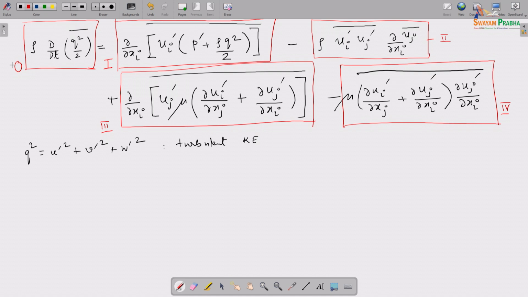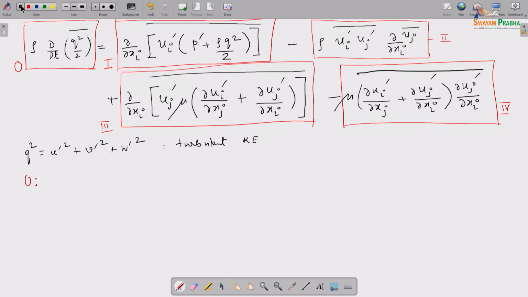Now these terms mean something, and that is important. So let me write down what these mean. If you look at this, what does the first term mean? Q square is the turbulent KE.